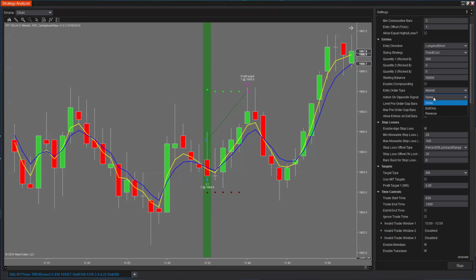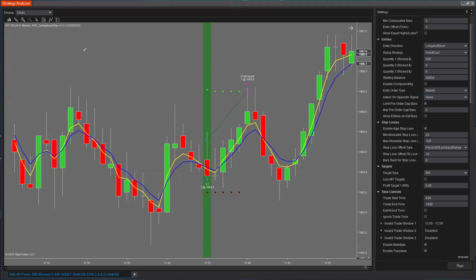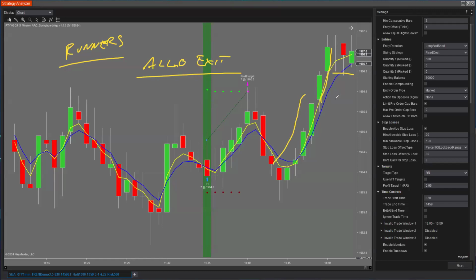Another interesting thing that you could do, again, this is more advanced, but let's say you like to leave runners. You leave runners on and you just want to know when to get out. Well, you can set the algo as your exit. Let's say you're going long, and you get this break right here, and you say, I want to be out.